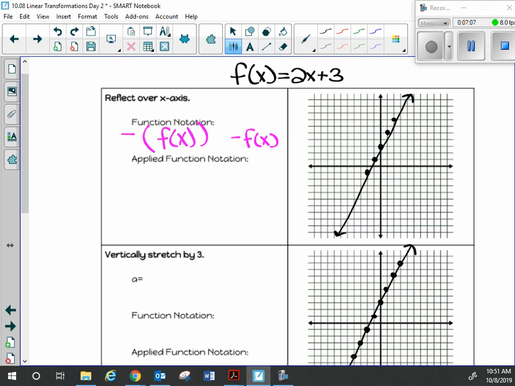So when I replace my function, what is my function? 2x plus 3. I'm using my original one. Okay? And then I apply the rule. What's negative 2x minus 3.